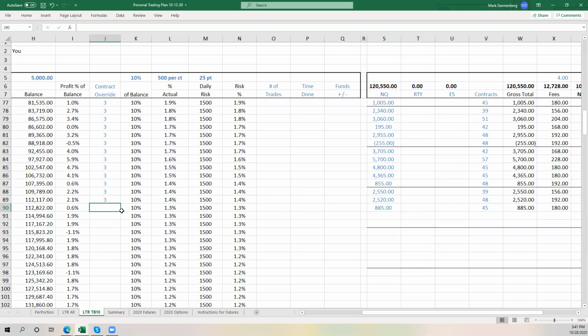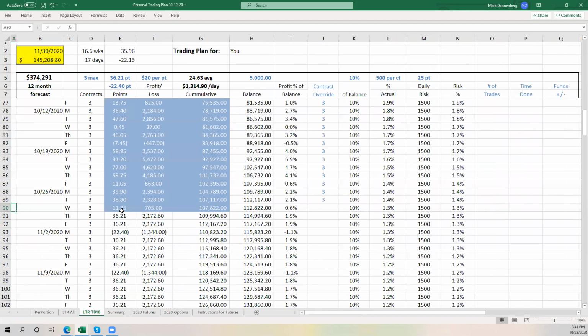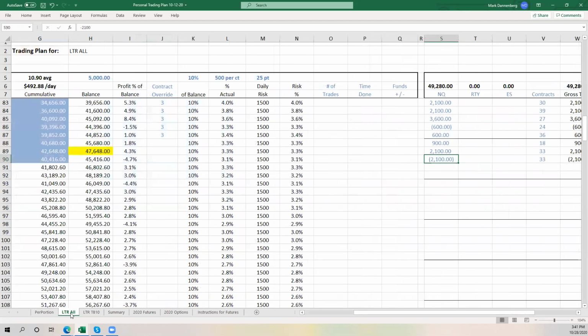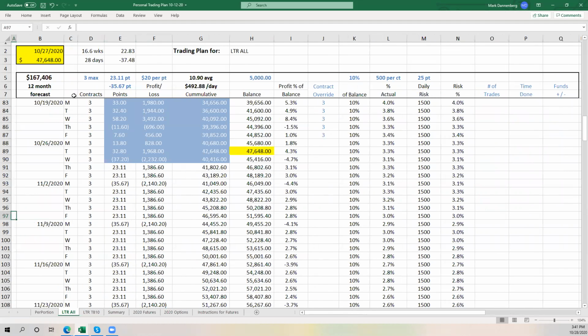By putting the contracts in, we're allocating expense of commissions and fees to our forecast, and that way it's a more accurate reflection of what we could possibly do.